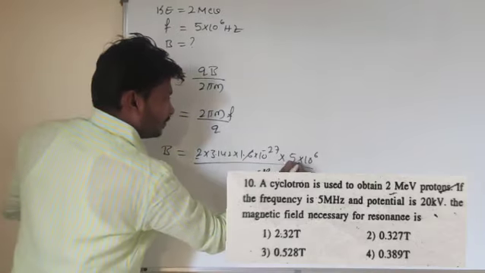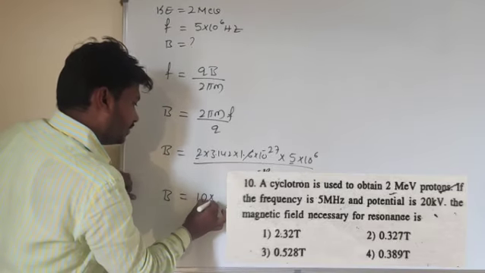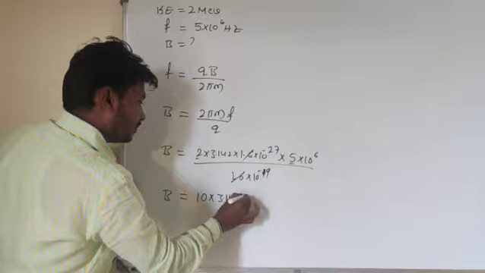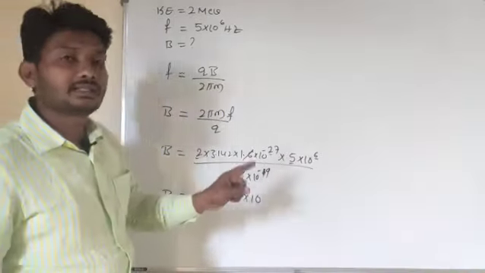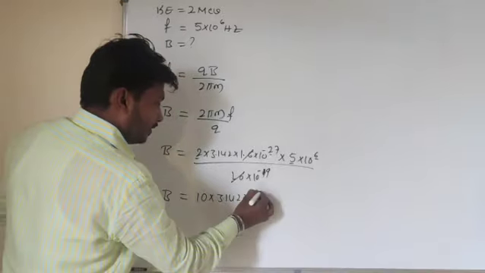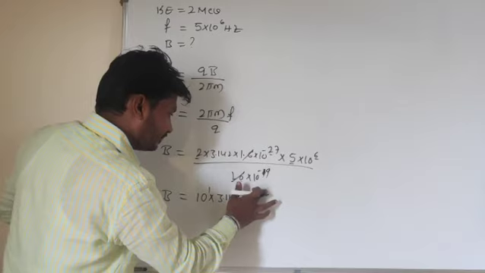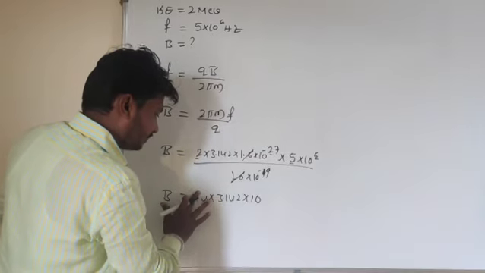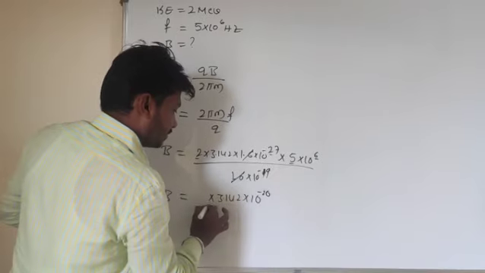Look at here. 5 into 2, that is 10. 10 into 3.142 into 10 to the power of minus 27 plus 6, minus 21, minus 21 plus 1, so that is 10 to the power of minus 20. I can write directly 10 to the power of minus 20.